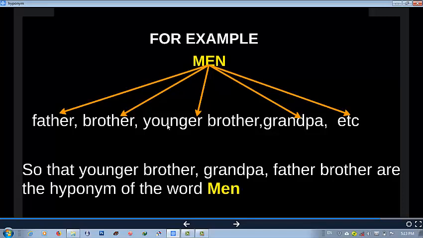Father, brother, younger brother, and grandpa are hyponyms of the word man in linguistics, and man is the superordinate of the words father, brother, younger brother, grandpa, and so on. Alright, we can say man is the top word in the cluster, and father, brother, younger brother, grandpa, etc. are the lower words under it in the cluster. Alright, okay, here we go.